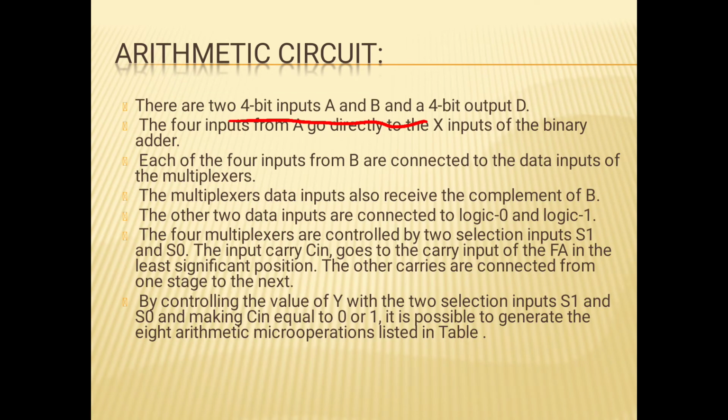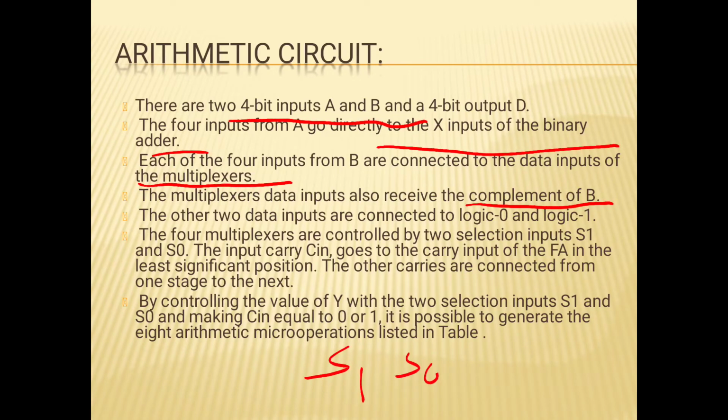See here, we have discussed that there are 4-bit inputs, that is A and B, and a 4-bit output, that is D, which is produced by the full adder. The 4 inputs from A go directly to the X inputs of the binary adder, and each of the 4 inputs from B is connected to the inputs of the multiplexers. Now, the multiplexer's data input also receives the complement of B when the value of S1 and S0 is 0 1.